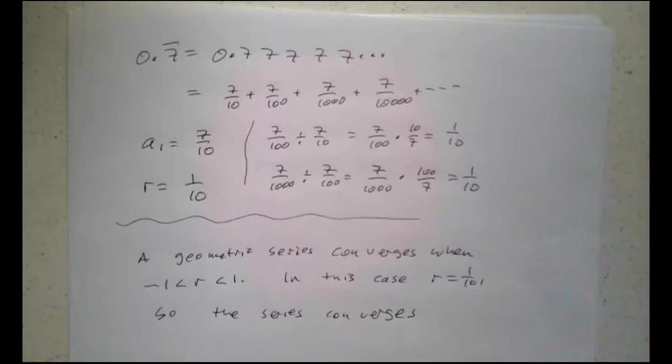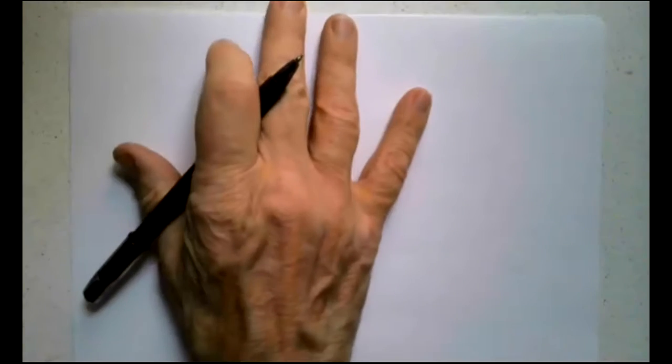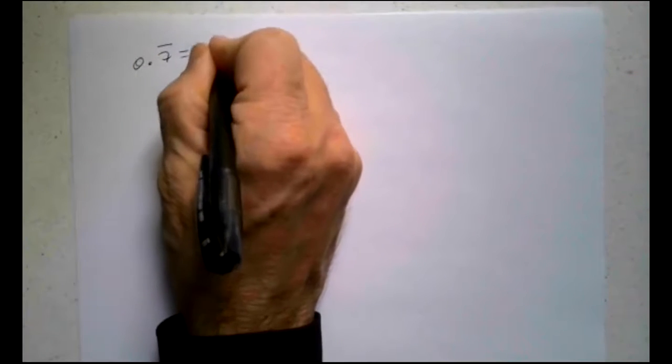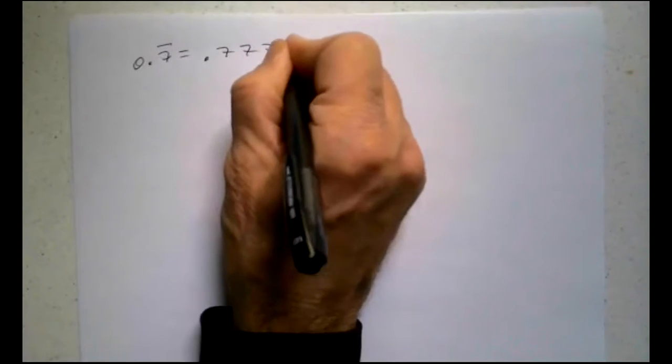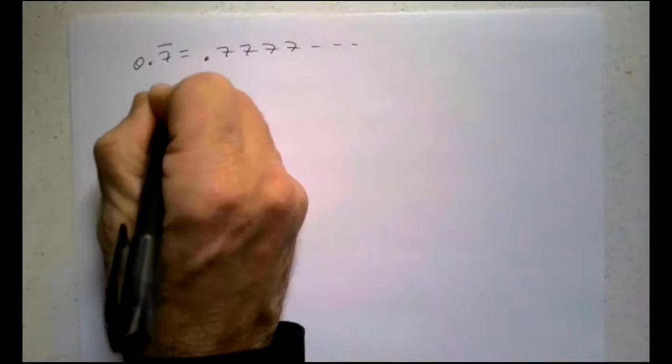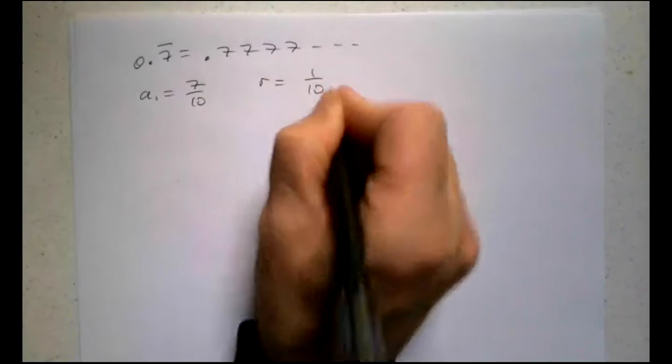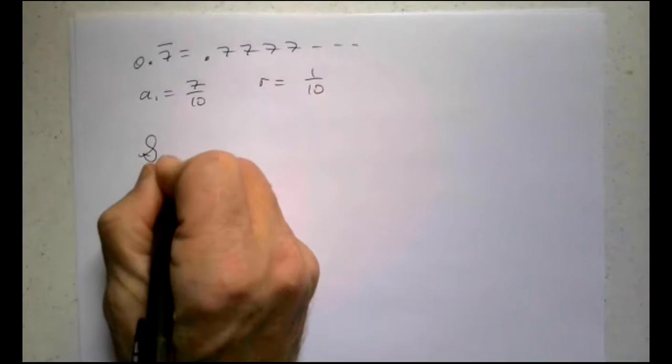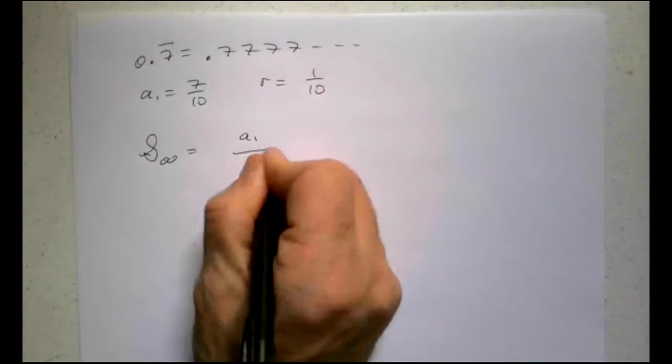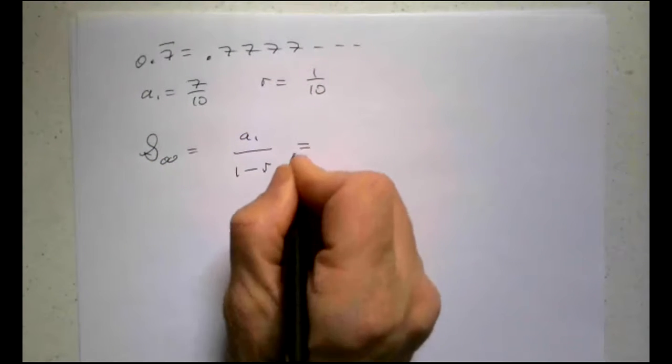Now, what does it converge to? So again, we're dealing with 0.7 repeating, which is 0.7777 forever. We said our first term, a sub 1, is 7/10, and our common ratio is 1/10. The infinite sum, when it does converge, is the first term over 1 minus the common ratio.